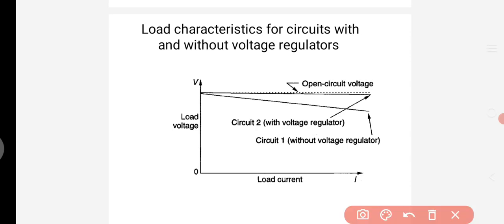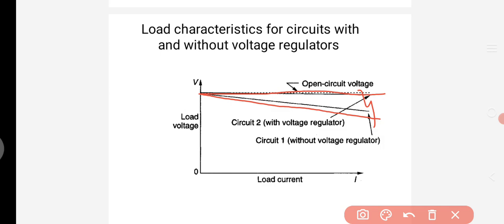When you are using the voltage regulator, we can get the maximum approximate value of the DC. But without the voltage regulator, we get a slight slope in the output variations. That means there is a small deviation between with voltage regulator and without load regulation.